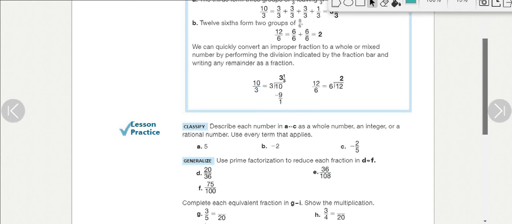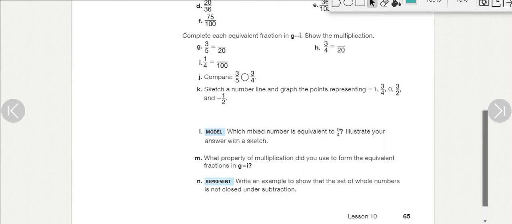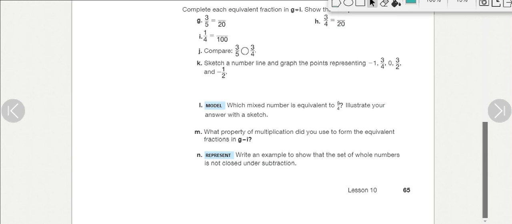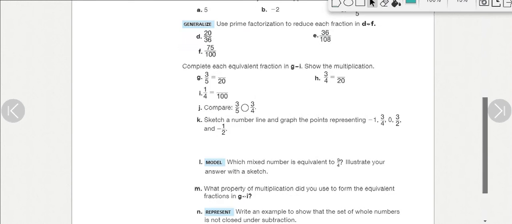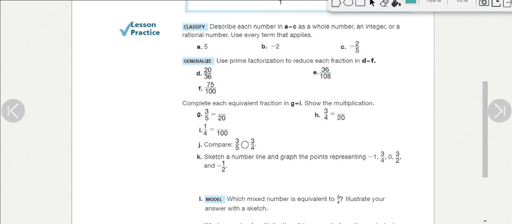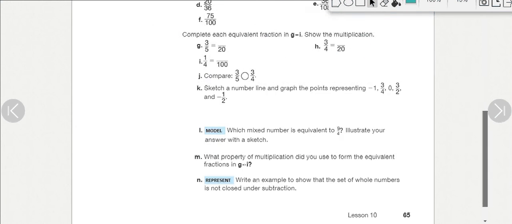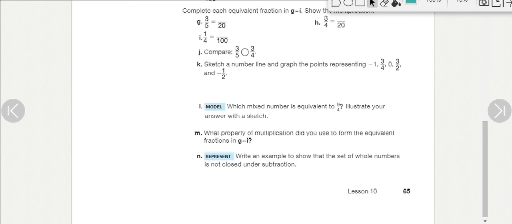Okay, so with all that talking, I'd like you to do a lot of these as well. Let's do C, D, G, H, I, J, L, and the other ones below L, which were M and N. Okay?